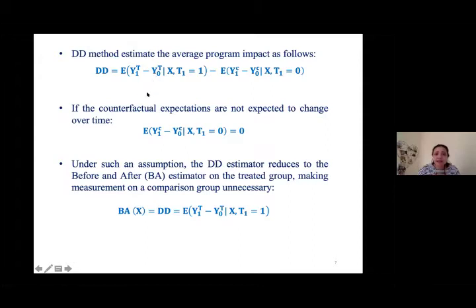Okay, and if we assume that the counterfactual, or what would happen to the control group, would not change over time, then we can say that the expected value of the outcome of the control group in 2018, after the implementation, minus the outcome of interest at 2013, is 0.